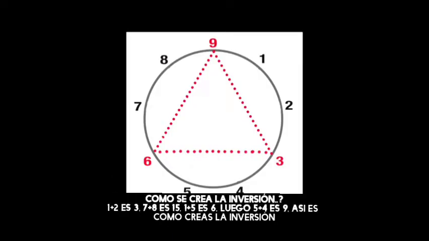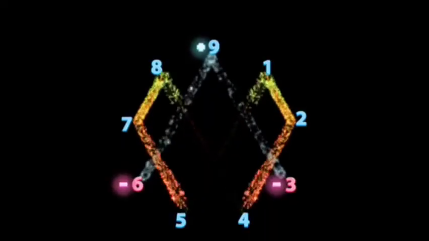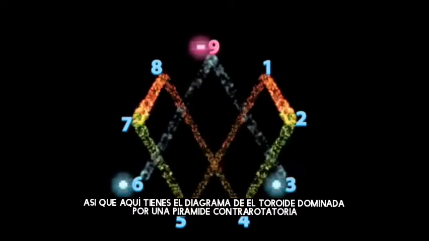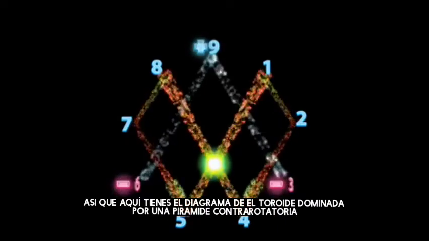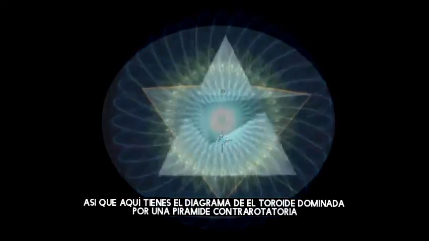How do you create the inversion? Well, 1 and 2 is 3, 7 and 8 is 15, 1 and 5 is 6, and then 5 and 4 is 9. That is how you create the inversion. So here you have the diagram of a toroid dominated by a counter-rotating pyramid.